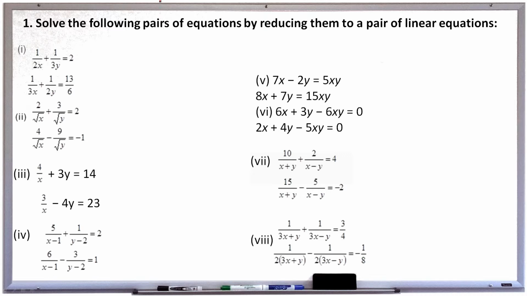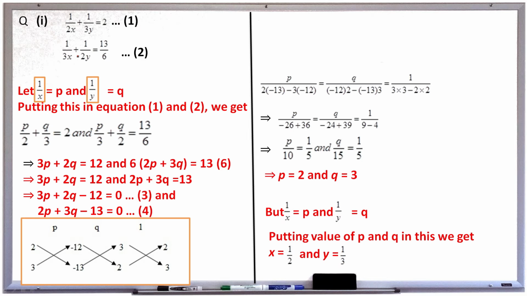Solve the pair of linear equations by reducing to a pair of linear equations. There are 8 questions. Now let us see all the questions, how to solve them by reducing them to a pair of linear equations.